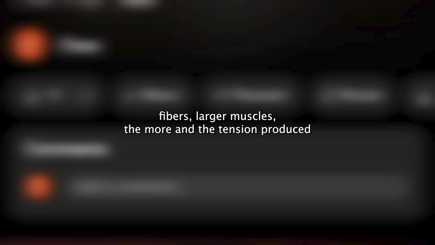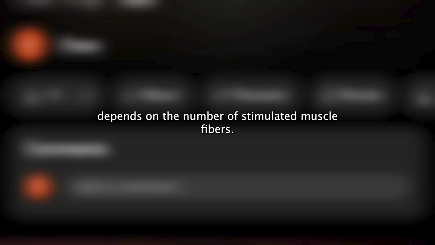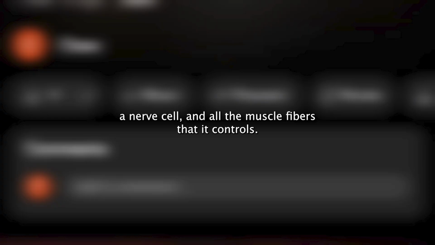And the tension produced depends on the number of stimulated muscle fibers. A motor unit is a motor neuron, a nerve cell, and all the muscle fibers that it controls. It may contain a few muscle fibers or thousands of muscle fibers. All the fibers in a motor unit contract at the same time.